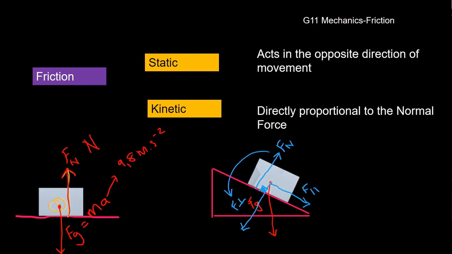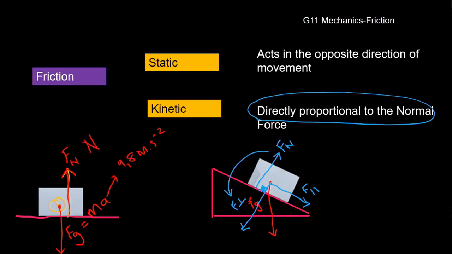That means that if we put something on a slope, rather than flat on the ground, we can reduce the normal force by putting it up on a slope, can't we? Because we have then changed the effect of the normal force by putting it on a slope.